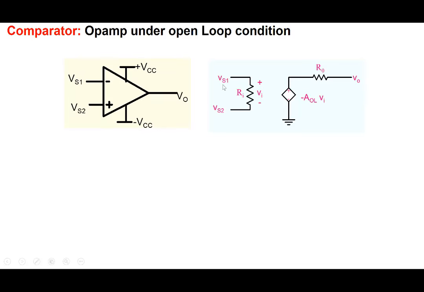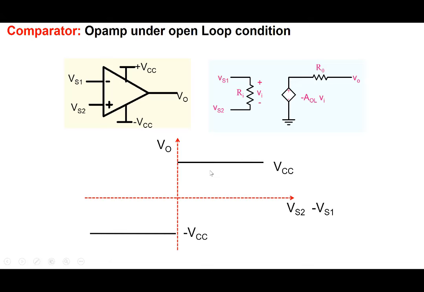On the other hand, if VS1 is less than VS2, VI will be negative, this term will be positive, and the op-amp will saturate to the positive supply voltage. This is how the circuit would look. If VS2 is greater than VS1, the output will saturate to the positive value. So this is what we call a comparator.